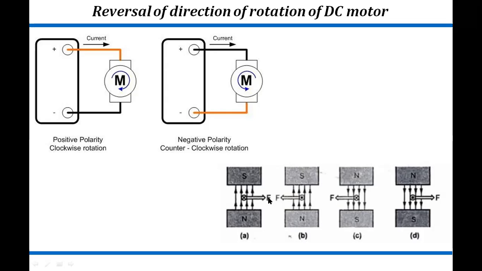So we have seen when we are giving the positive supply, ये first diagram, when we are giving positive supply to the DC motor, at that time it will rotate in a clockwise direction, because you can see here our force will go to this side.